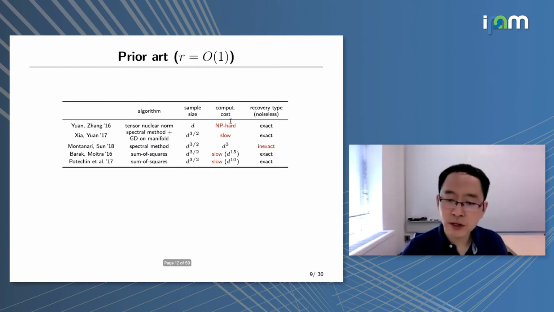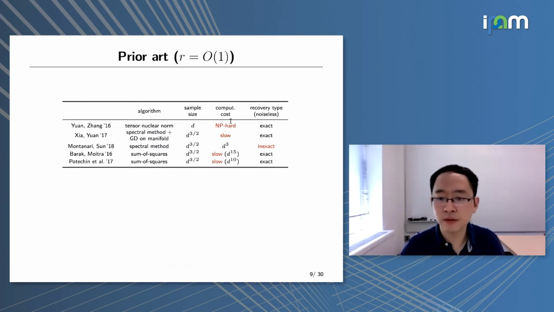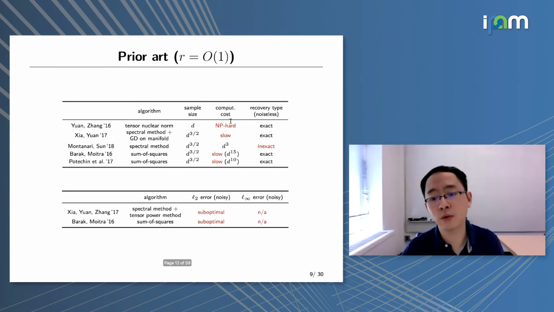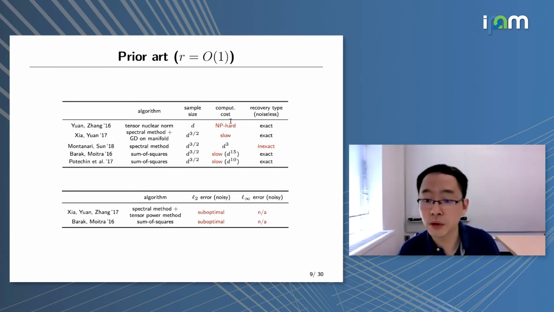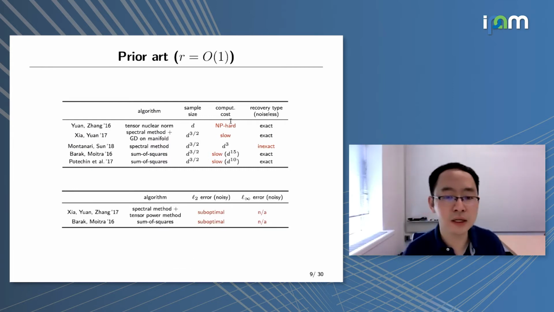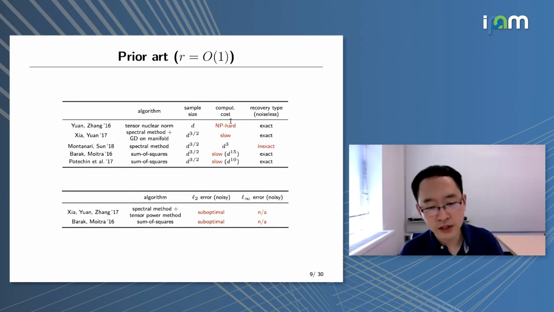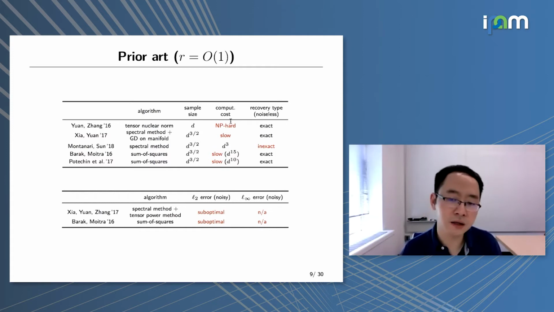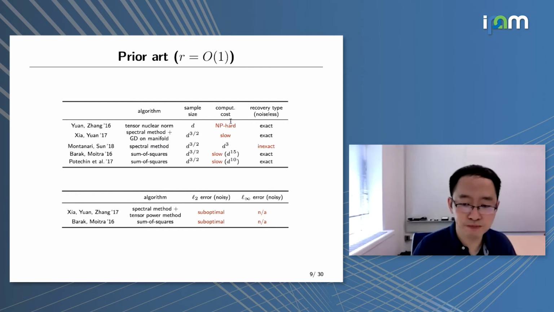So far the first table is about performance for the noiseless case. When we move on to the noisy case, much less is known. The first paper here provided some stability guarantee, but it turns out to be highly suboptimal. Even for the SOS case, if we look at random noise, the estimation error bound provided there is still far from optimal.